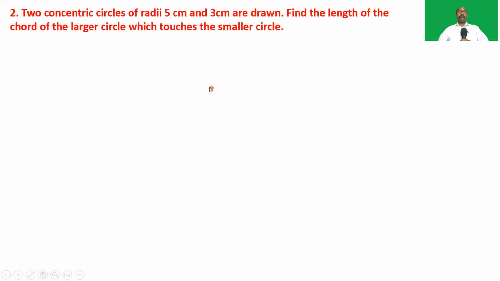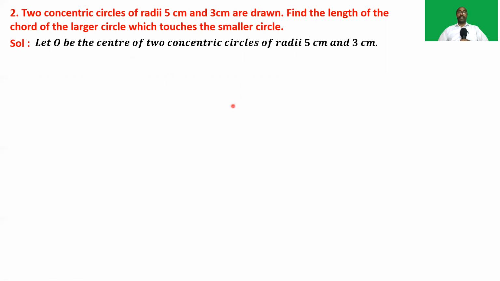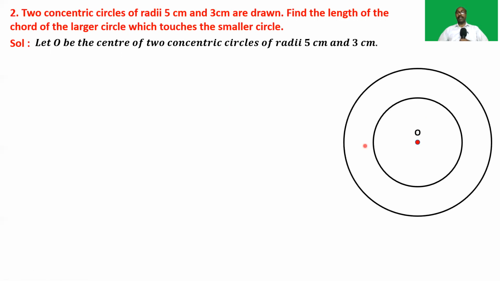Now, here we have to find the length of the chord of larger circle which touches the smaller circle. So, let O be the center of these two concentric circles of radii 5 centimeters and 3 centimeters. So, here we have the center O and this is the circle with radius 3 centimeters and this is the another circle with radius 5 centimeters.